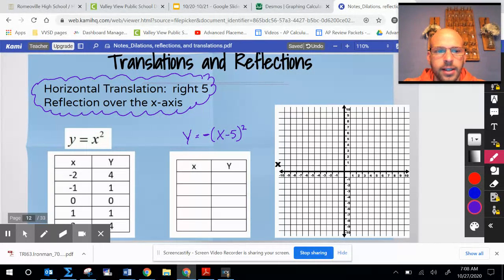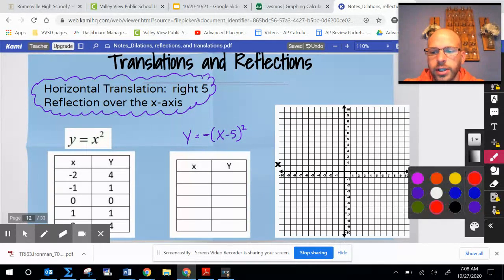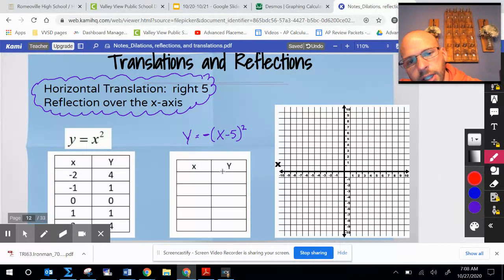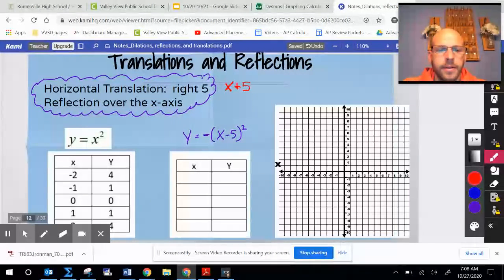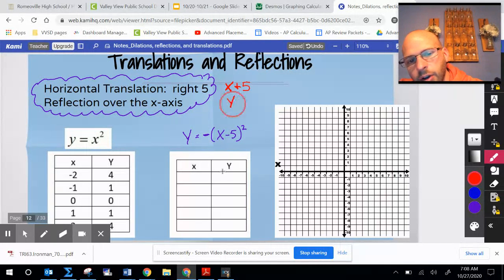Now, anytime you have a horizontal translation, right 5, I want to take all my x values and add 5. To do a reflection over the x-axis, I take all the y values and reflect them, so I'm going to multiply. We don't add or subtract there. We're going to multiply by a negative 1.